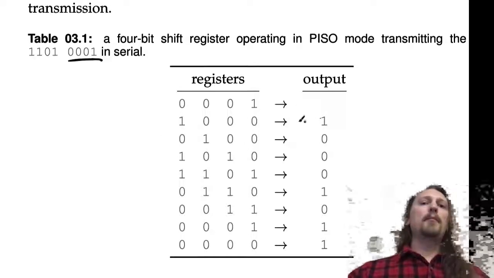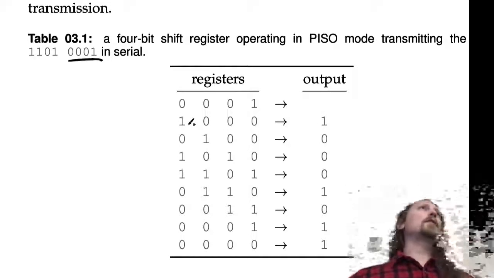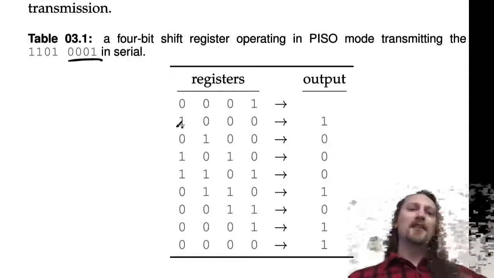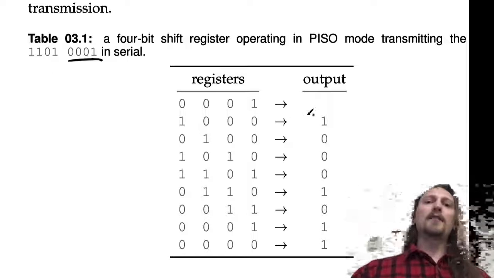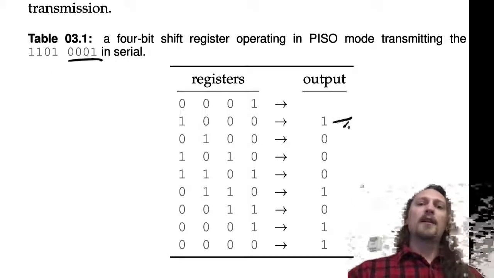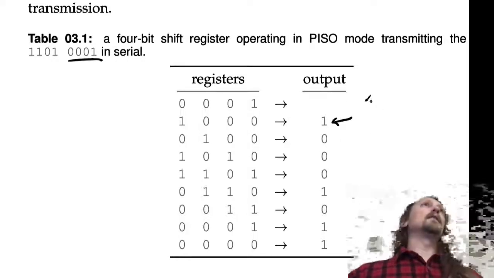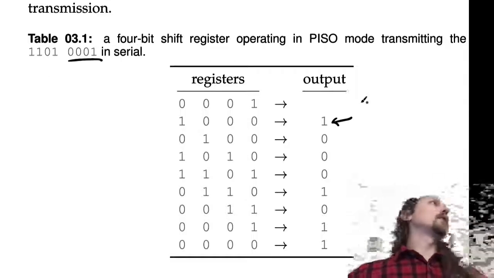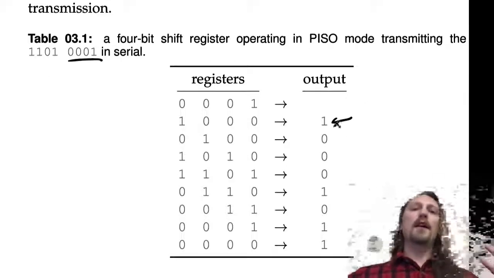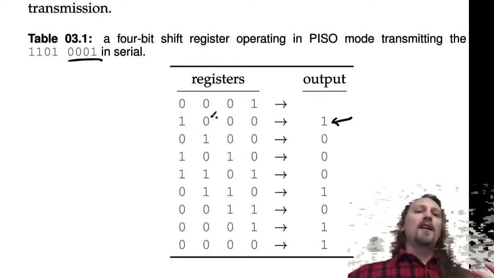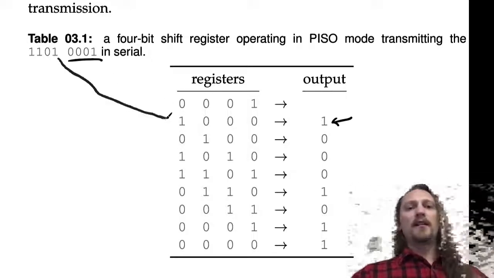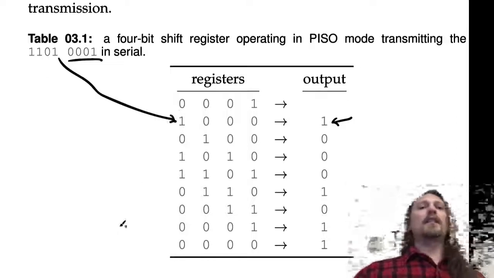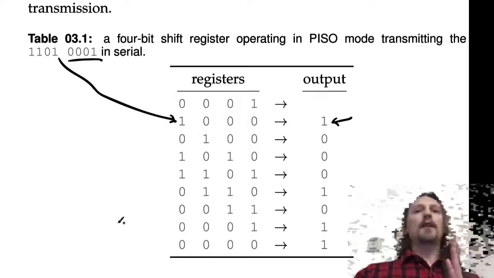The next step, we shift things to the right. So we push the 1 out the right side, that becomes the output. This is going to happen in a sequence of events. So the first one comes out, it's a 1. We then load in this one into the left of the shift register.